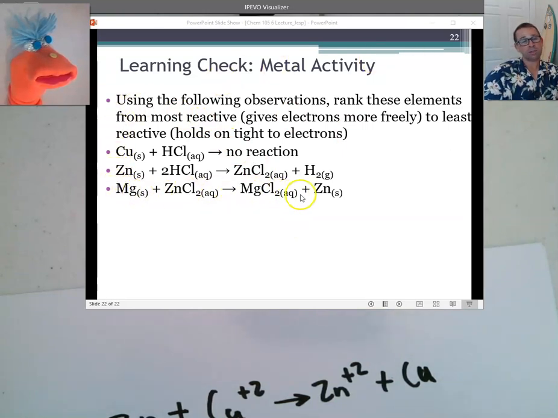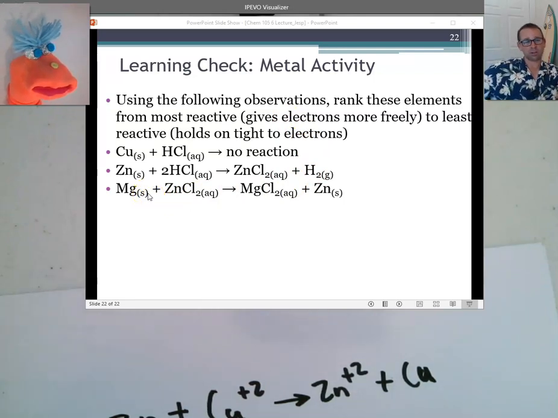if we don't have our activity table, we can also use a series of reactions like this to know the relative activity of different elements. So here we have magnesium and zinc combining together, and if it says that all of these reactions occur, we can then rank the elements in terms of activity. Look at the third one here. Which one is more active?